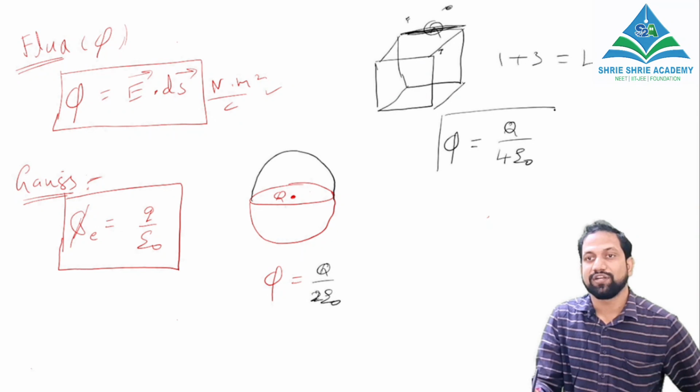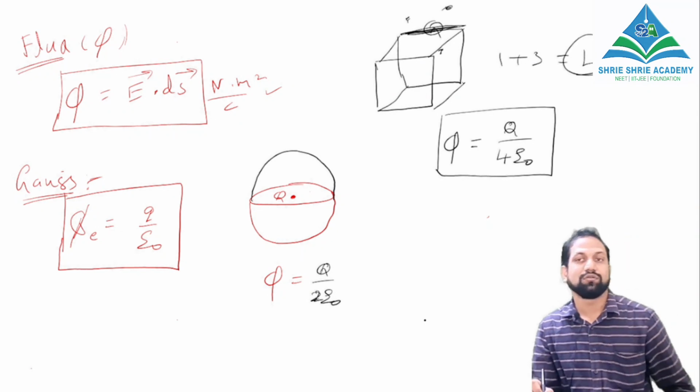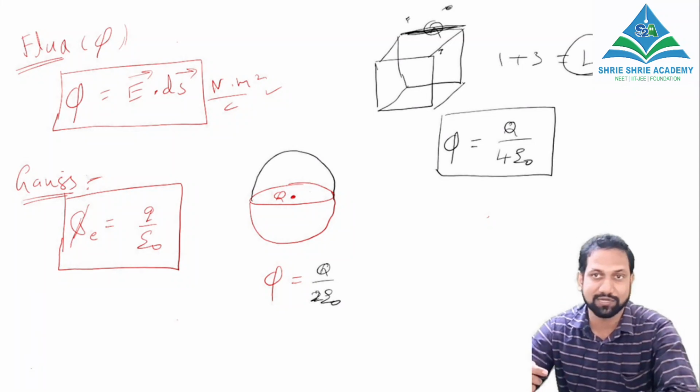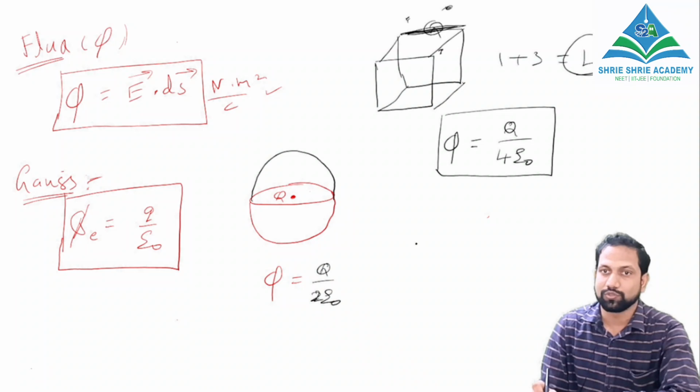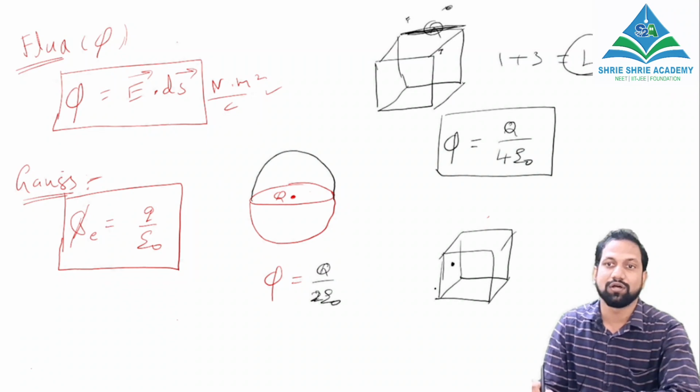Why are we dividing by 4? Because we need a total of 4 cubes to completely cover the charge. I hope you got it. Similarly, if there is a cube, and on one face of the cube, for example over here, we placed a charge.